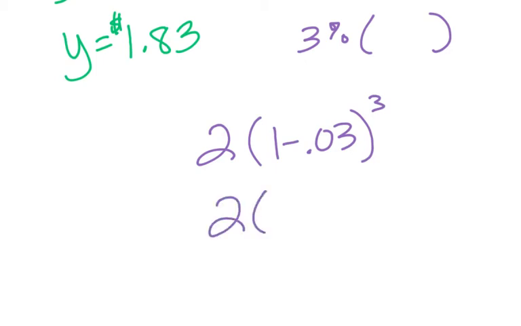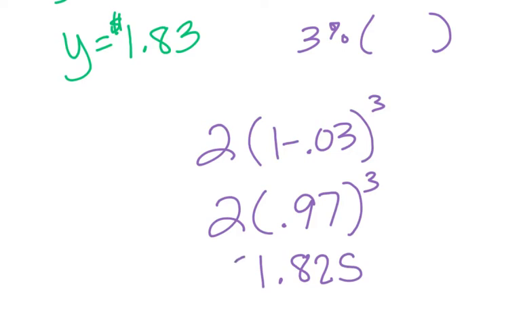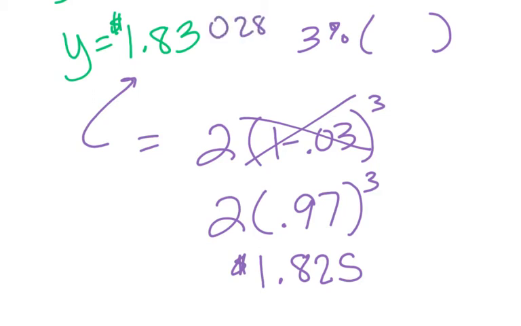If you did 2 times 0.97 to the third power, you'd get 0.825, so it would round to $1.83, but if the numbers were bigger, you'd see a bigger discrepancy. So you would get lucky there, but that is not the same thing. This one came out to 1.83028. In terms of money that's hardly any difference, but it shows that it's not the same thing.